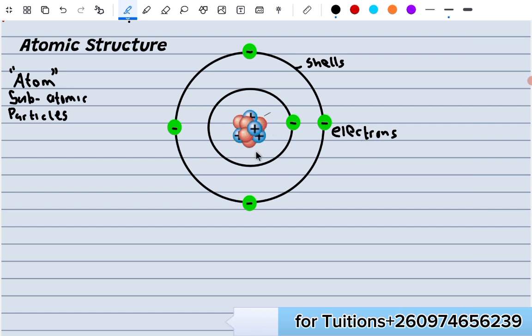Now at the center here, you're going to find something interesting. The ones that are colored orange, we call them neutrons. We're going to look at why we call them neutrons.